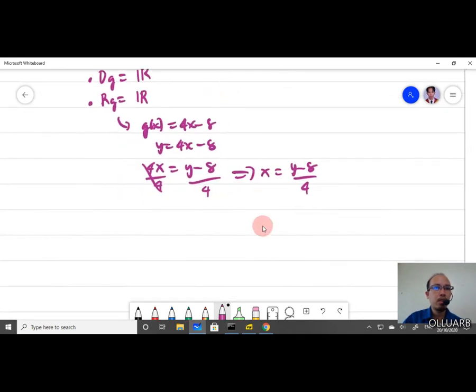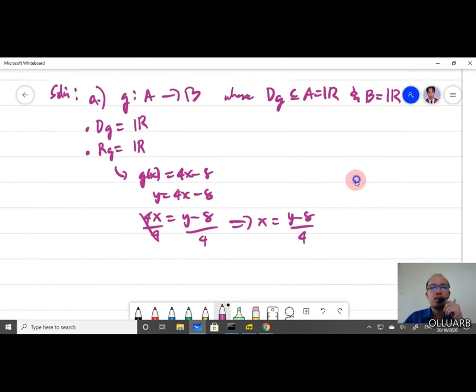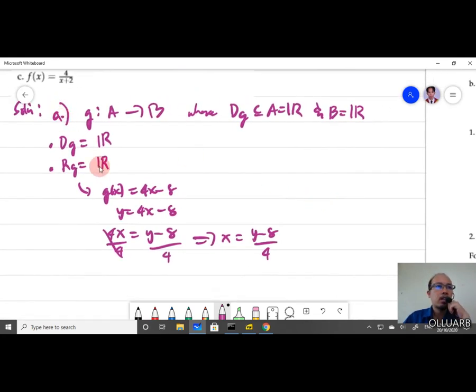To get the inverse, notice that the range and the codomain are equal, so meaning to say that this function is onto. And we know also in the previous discussion that a linear function is a one-to-one function.